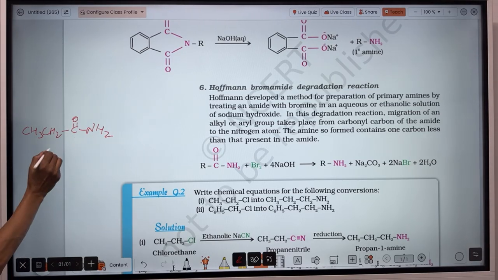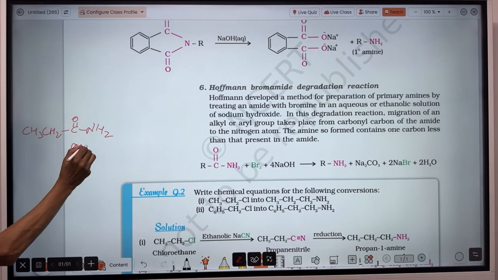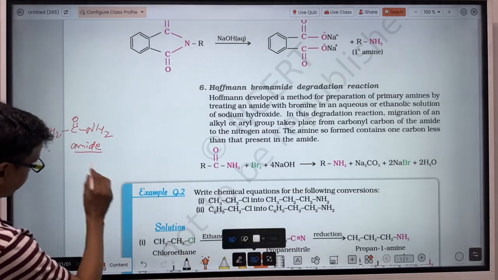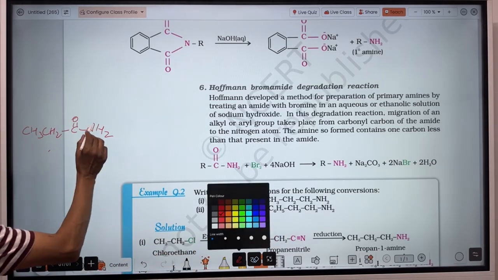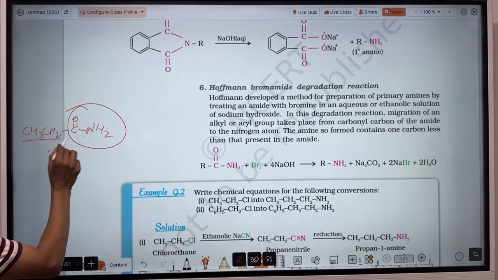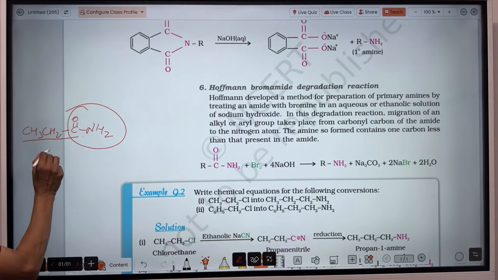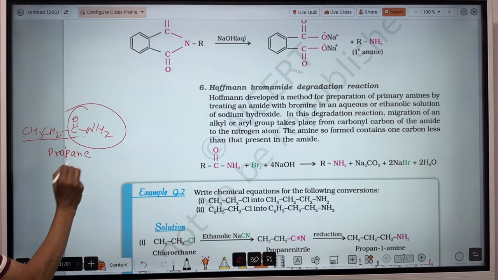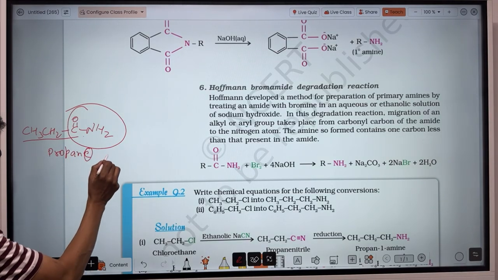How is the IUPAC name written? The suffix used is amide, and for propane, the E will be replaced by amide. The substituent suffix here is amide, and the total is 3 carbons. So that's why propane, from propane the E will be replaced by amide.